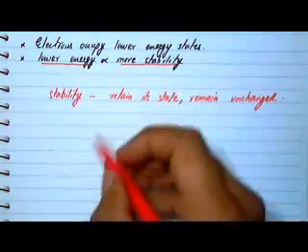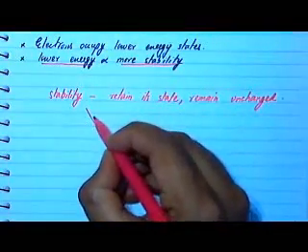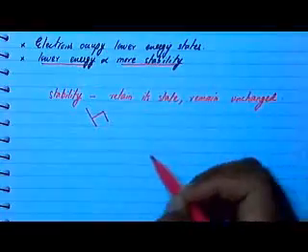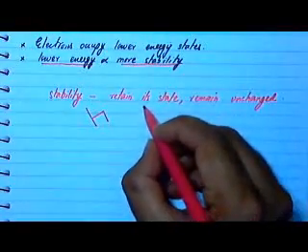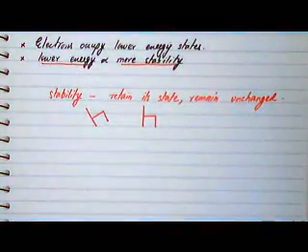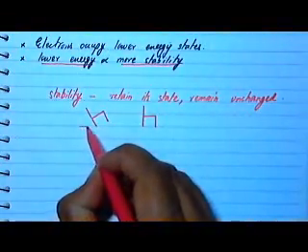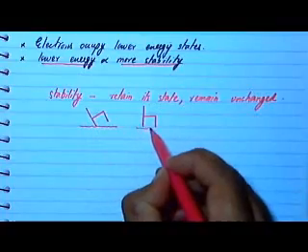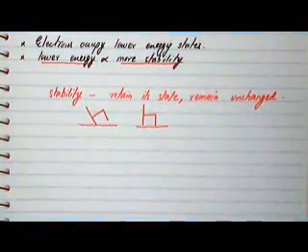So let's say I have a chair and there are two chairs. For example, this is one chair and here's another chair. Now, if you look at the chairs, this is your ground on which the chair is resting.